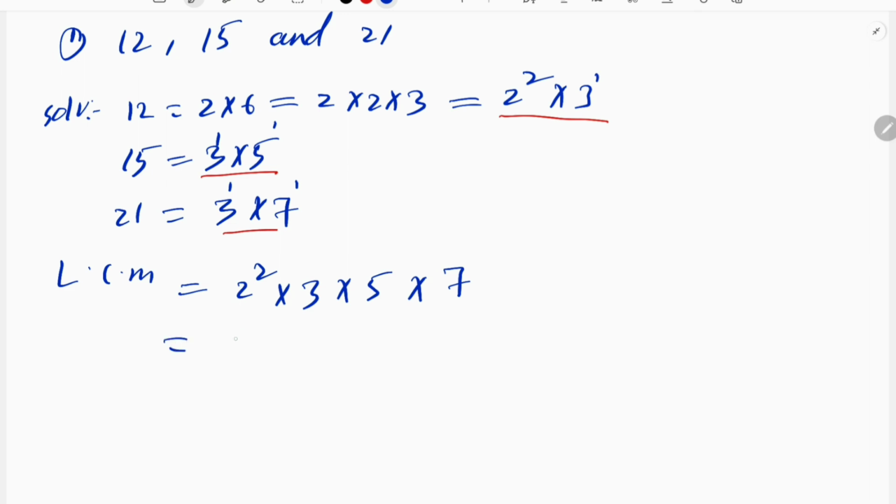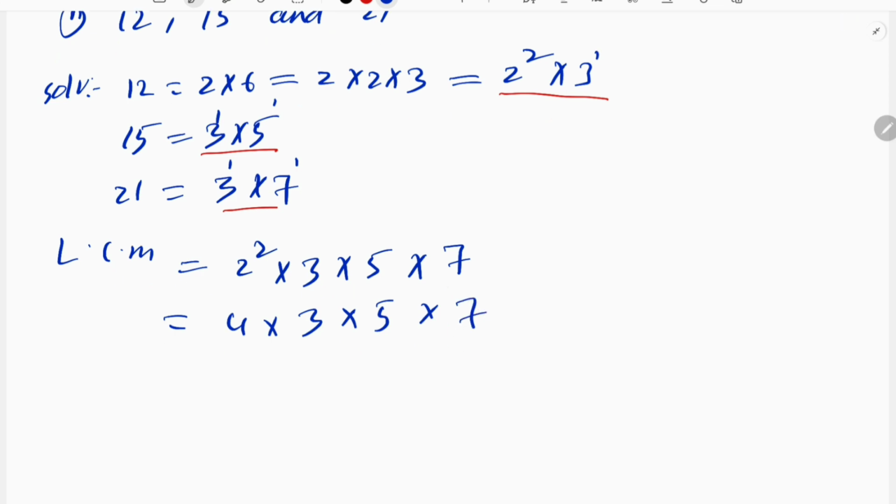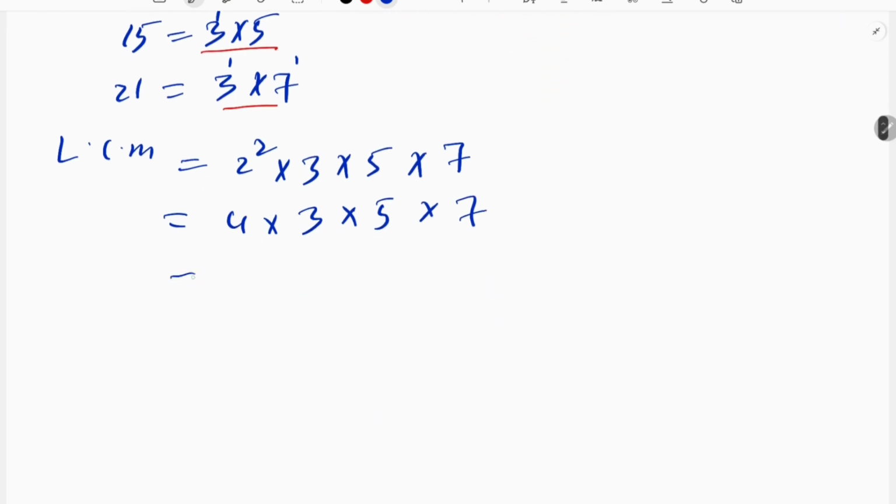So 2 squared is 4, into 3 into 5 into 7. 4 into 3 is 12, 12 into 5 is 60, and 60 into 7 is 420.